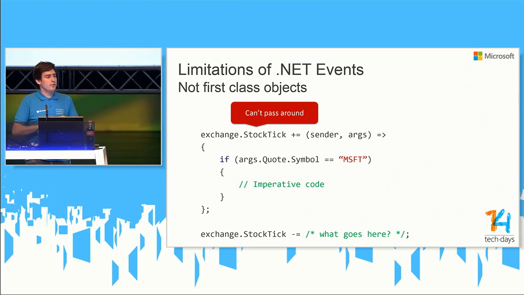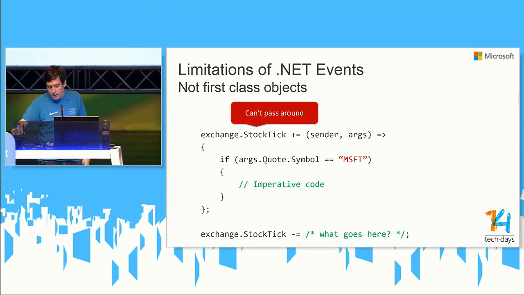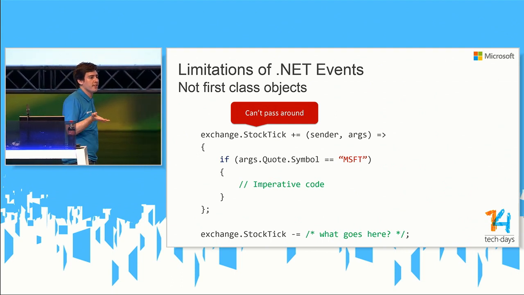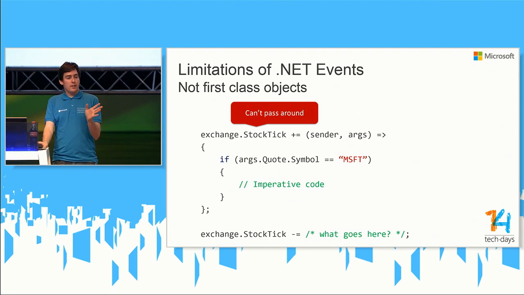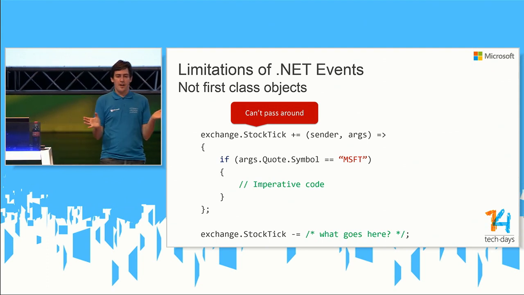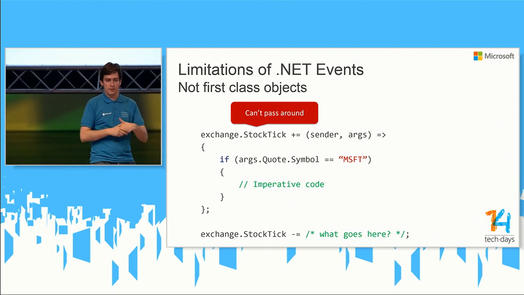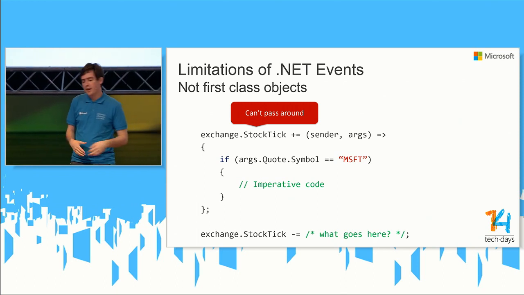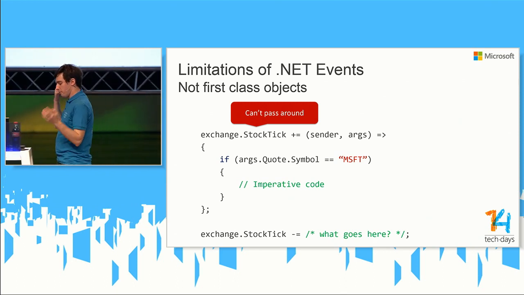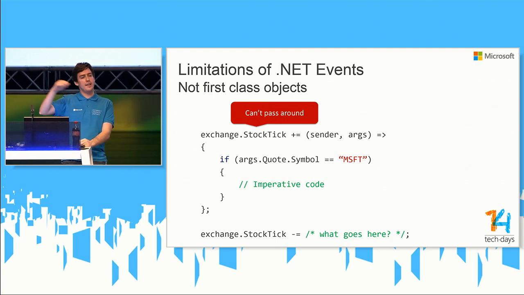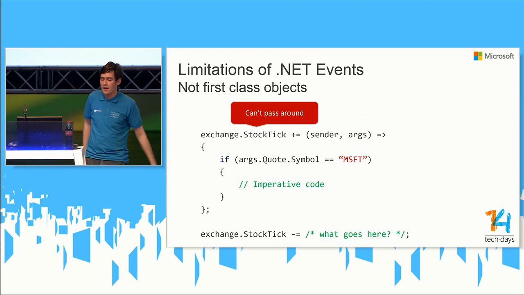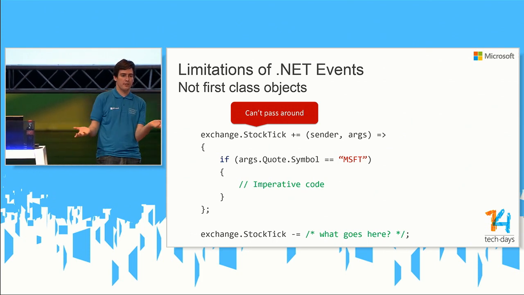Well, as I already alluded to just a moment ago, events are not first class. You can't capture them as objects, so you can't pass them around. And that really causes a lot of grief. Like, if you have your UI developers that build the stock tick visualization thing, and you have somebody else who is very interested in networking and low latencies and is responsible to maintain the connection to the stock exchange, those 2 people can't talk in terms of an interface.